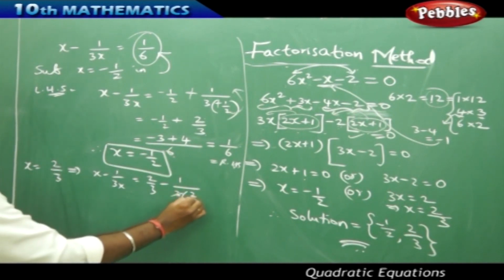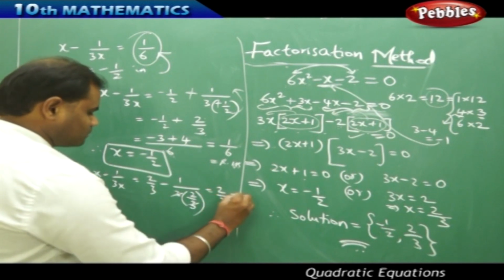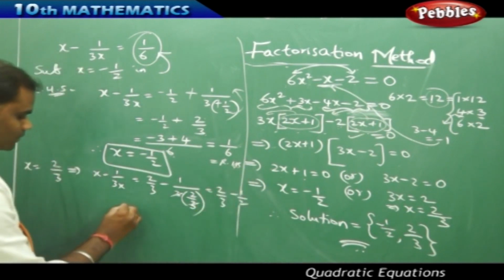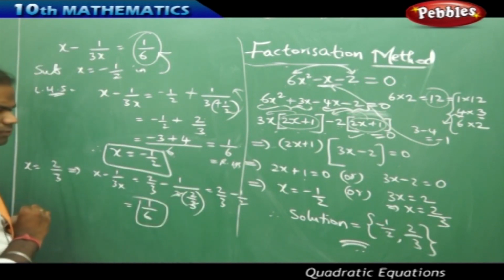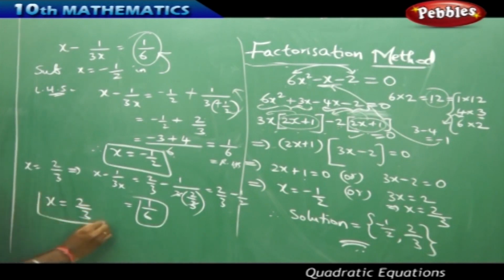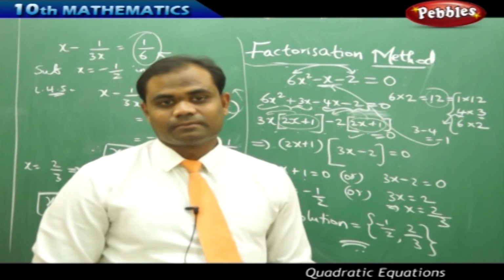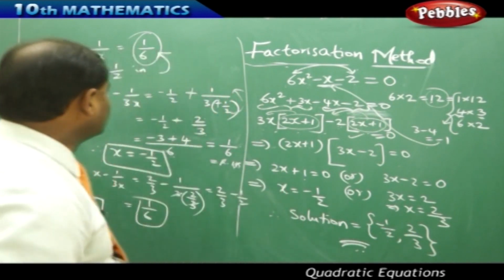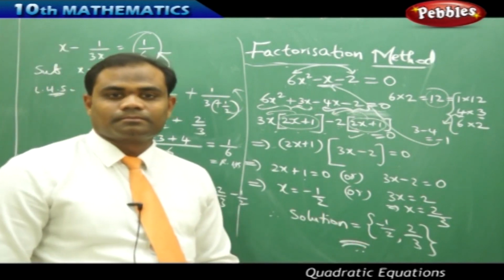This gets cancelled, and then finally I get 2 over 3 minus 1 over 2, which on simplification clearly gives 1 by 6. Therefore, the other solution which I obtained, 2 by 3, is also very much true. This is how the verification is done for the given quadratic problem.